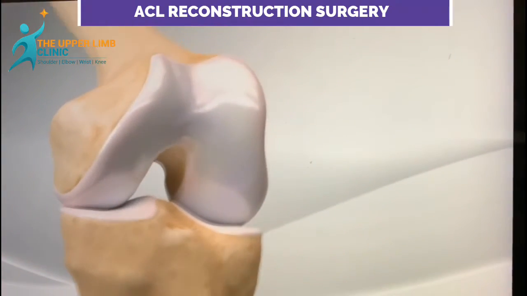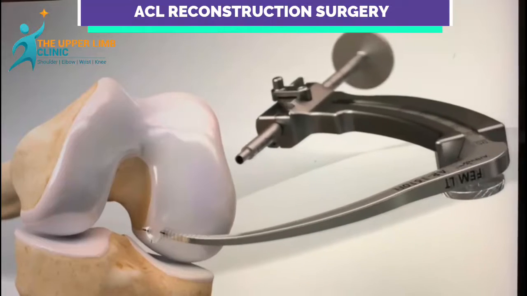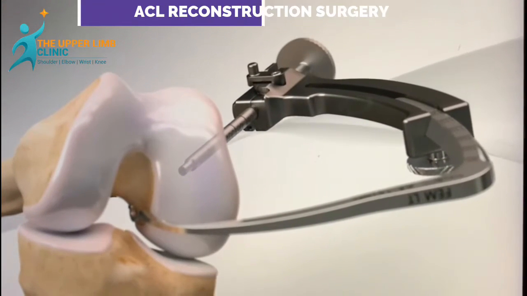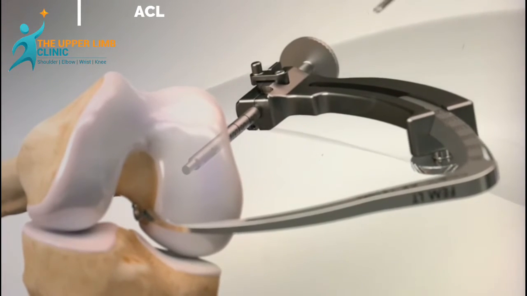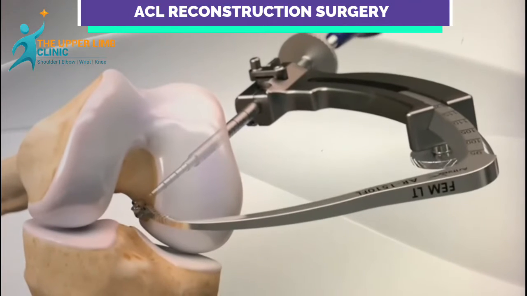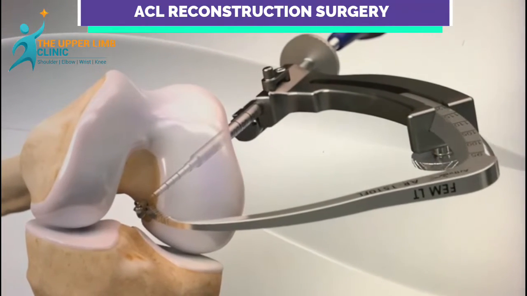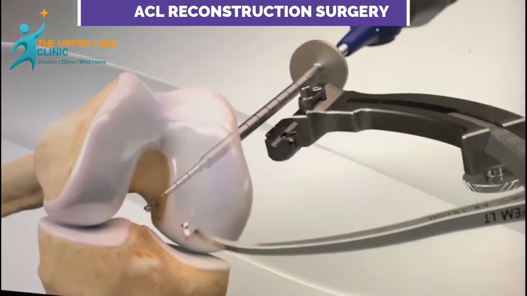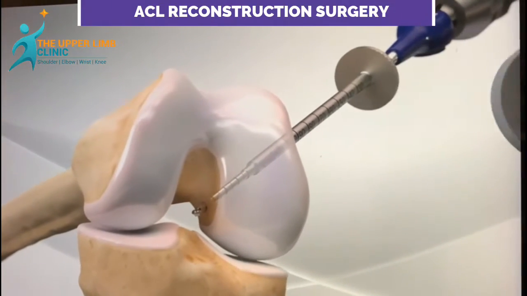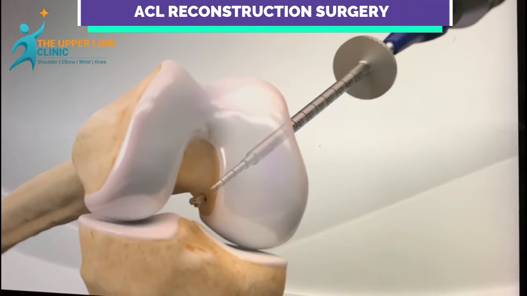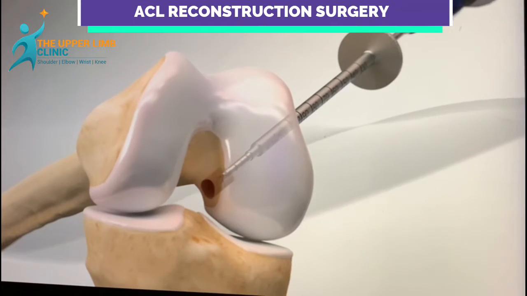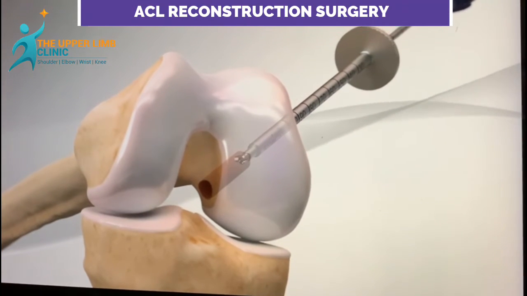We take small incisions and a guide wire through which we drill in the femur so that we get an appropriate tunnel length for our hamstring graft, which is going to go in. That's a tunnel through which we bring out our graft. That's the tunnel we have drilled in the femur right now. As we go ahead, we will drill another tunnel through the tibia.